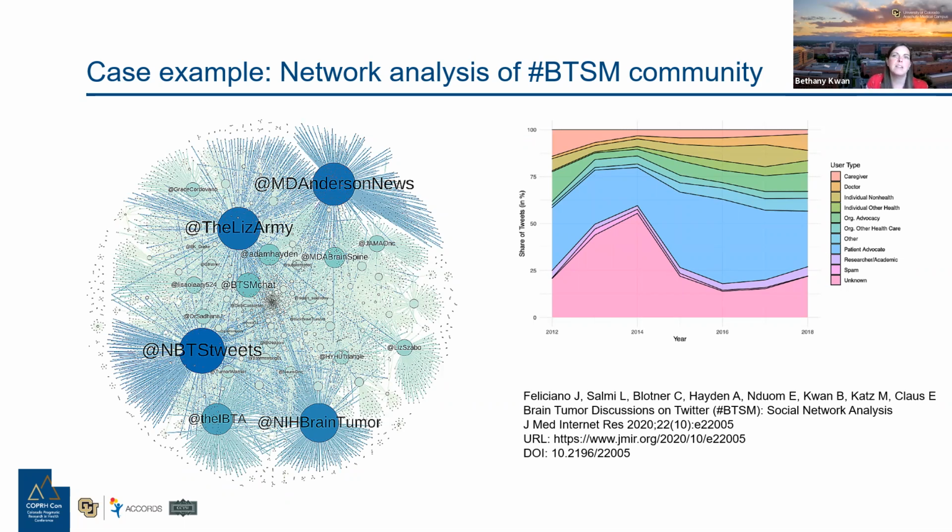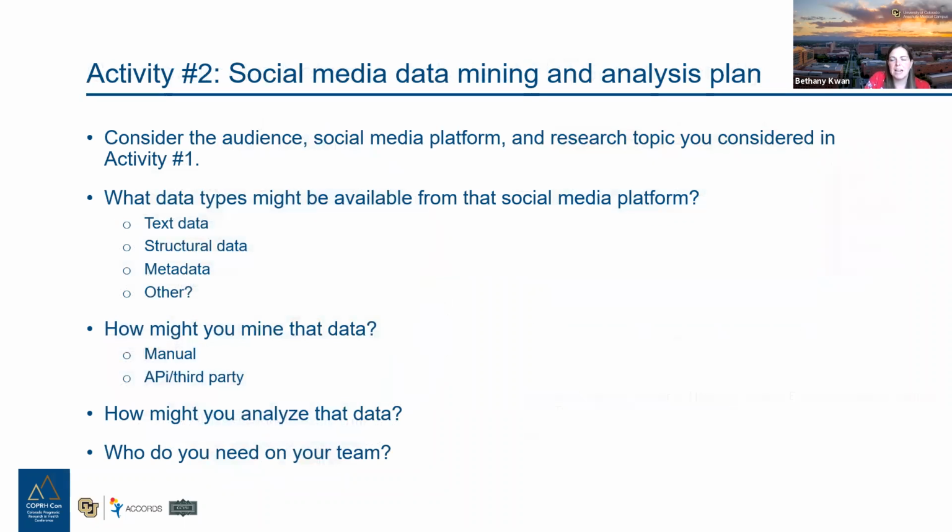So really understanding these communication channels, how well connected they are, who do we need to reach to get out to these outer corners, can be a really helpful way of figuring out dissemination and messaging strategies. And then we also can tell what's the right timing, what are major events around which brain tumor content is being shared. So in the interest of time, I'll just reference the second activity in the handout for today.